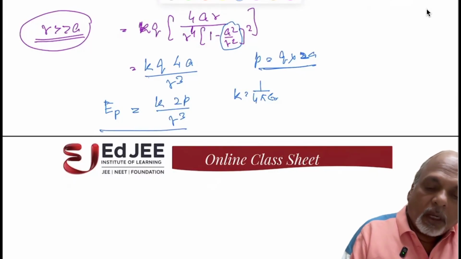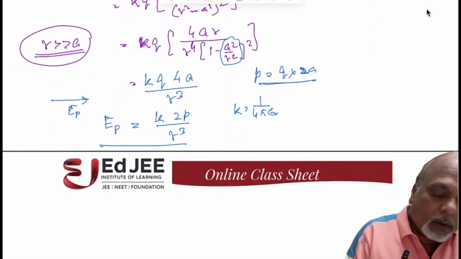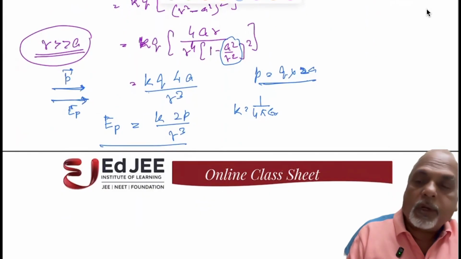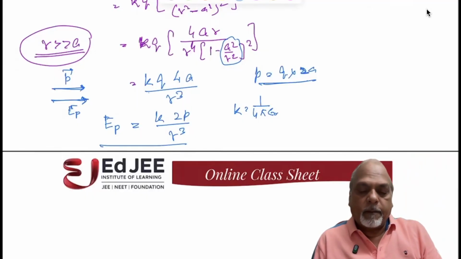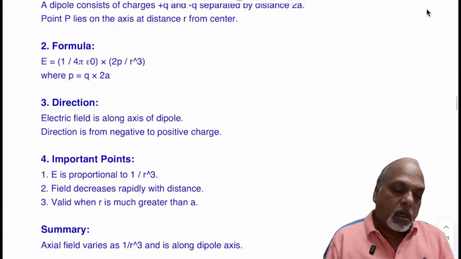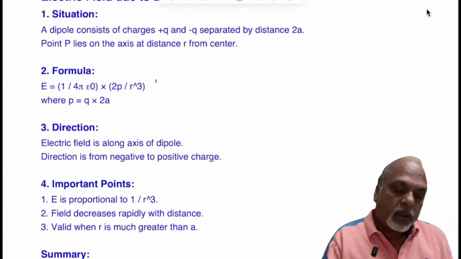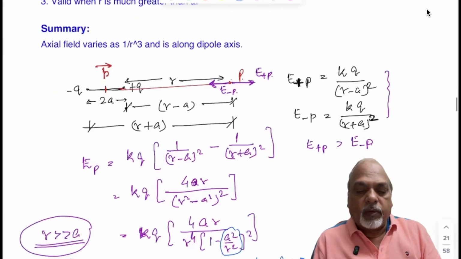We have seen due to plus charge it is more. So direction of the electric field is in the direction of P only, towards the right. I hope this is clear. Correct? Here also, this is K 2P upon r cube. This is what we have derived here.